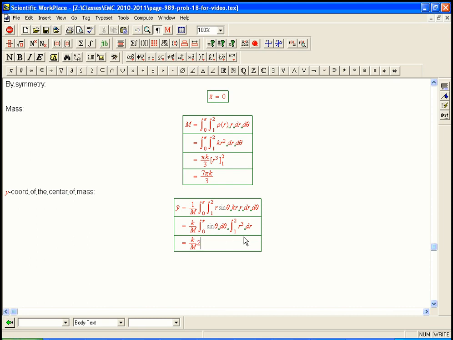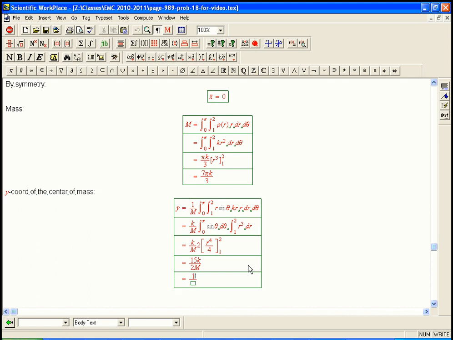That's a really easy calculation, I won't do it. And then the integral 1 to 2 of r cubed gives us r to the 4th over 4 from 1 to 2. Let me go ahead and put the m in. So I got 2k times r to the 4th over 4. And then r to the 4th, 16 minus 1, is 15.